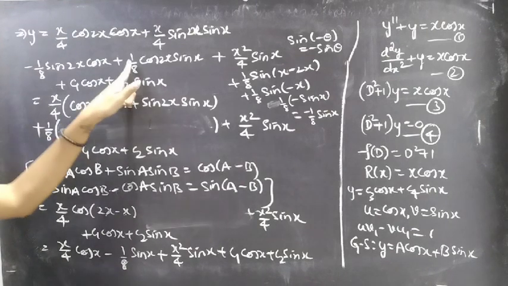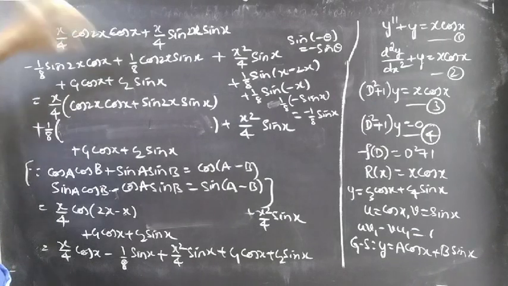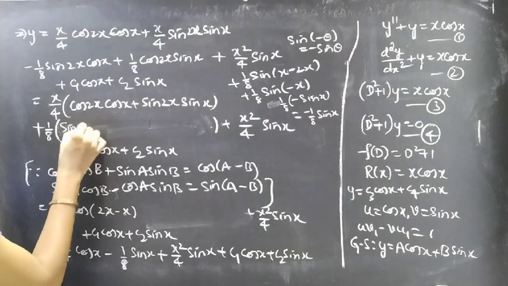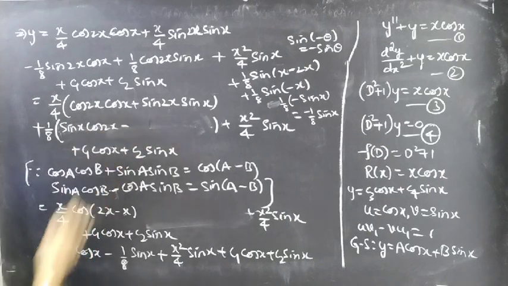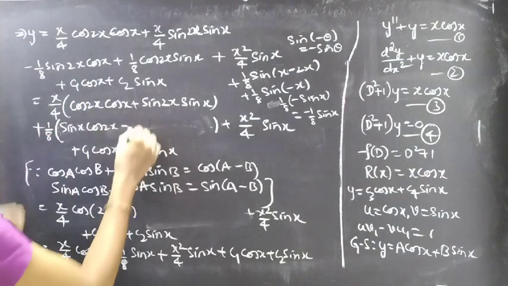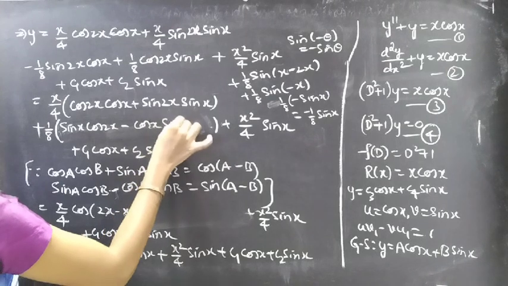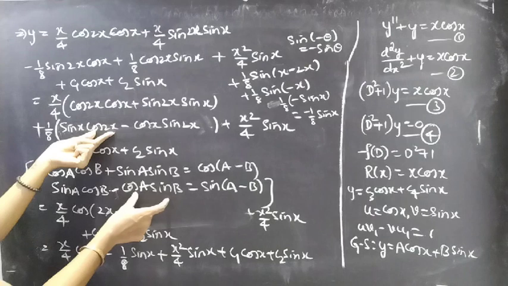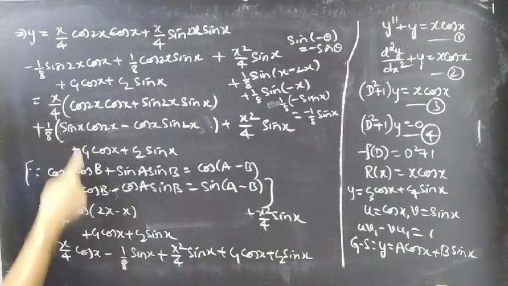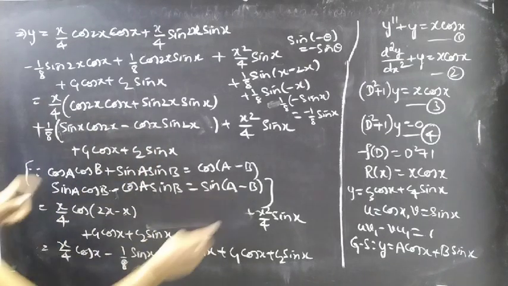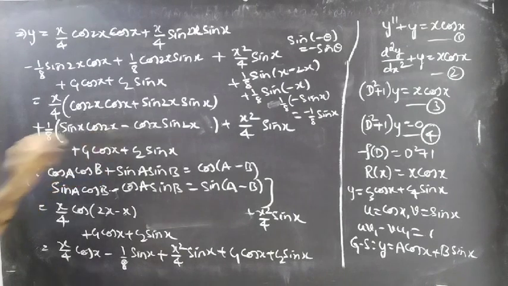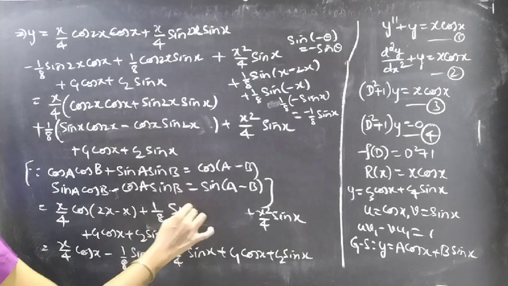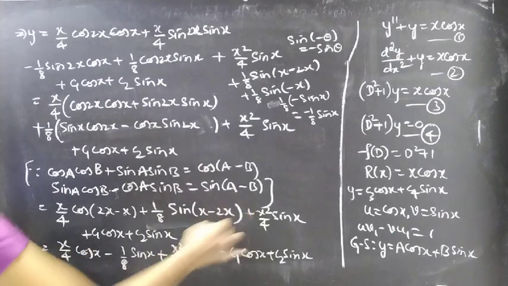Say I'm just taking plus 1 by 8 common from these two terms. If I take plus 1 by 8 common, I'll get sin x cos 2x minus cos x sin 2x. Right, this is of sin A cos B minus cos A sin B form. Now you can write it as sin A minus B. For A equal to x and B equal to 2x, you'll get plus 1 by 8 sin x minus 2x.